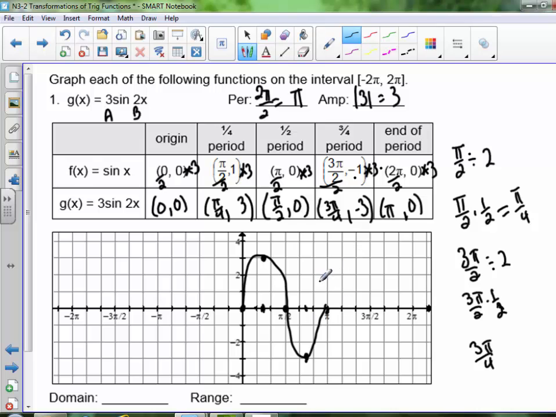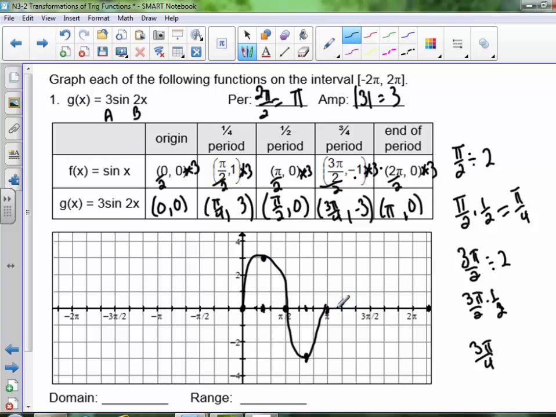Now it says we're supposed to go from negative 2 pi to 2 pi. We've only gone to pi, so we're going to have to repeat this. If we pick this whole thing up and move it over, this point is now here. So we would expect our next point to be the one that was related to pi over 4 and 3.